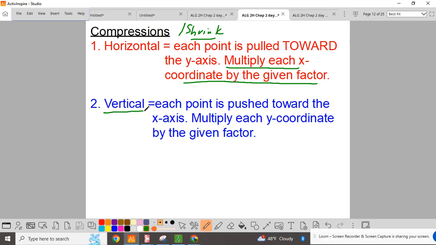While when you're given a vertical compression, each point is pushed towards the x-axis. Let's say you have a V shape, this is being pushed towards the x-axis. What we do is multiply each coordinate by the given factor.